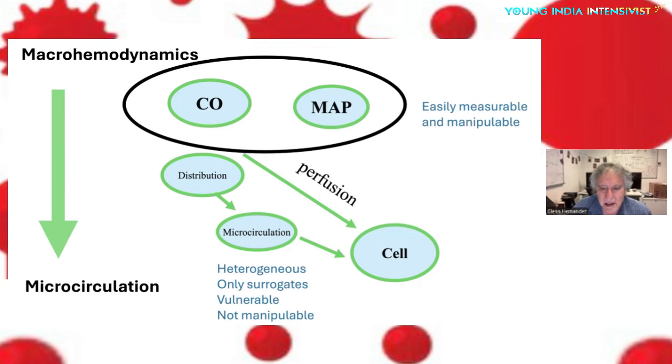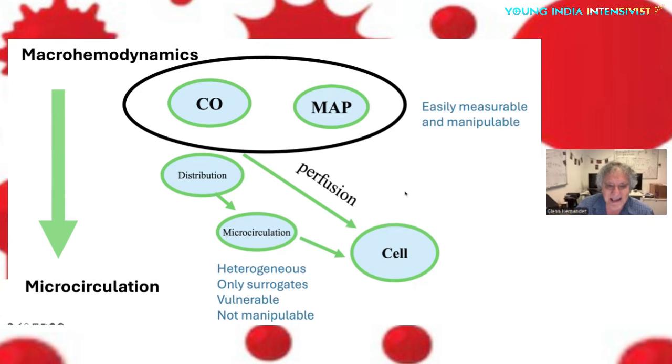In a shock state, of course, the disease in a septic shock is there. You have to push flow across the regional distribution, the microcirculation of different territories, which is very heterogeneous, and the cells everywhere. And here is the paradox, because you can easily assess the macro-hemodynamics, but the microcirculation only very poorly, only with surrogates of mitochondrial function, surrogates of tissue perfusion, etc., as we will see.